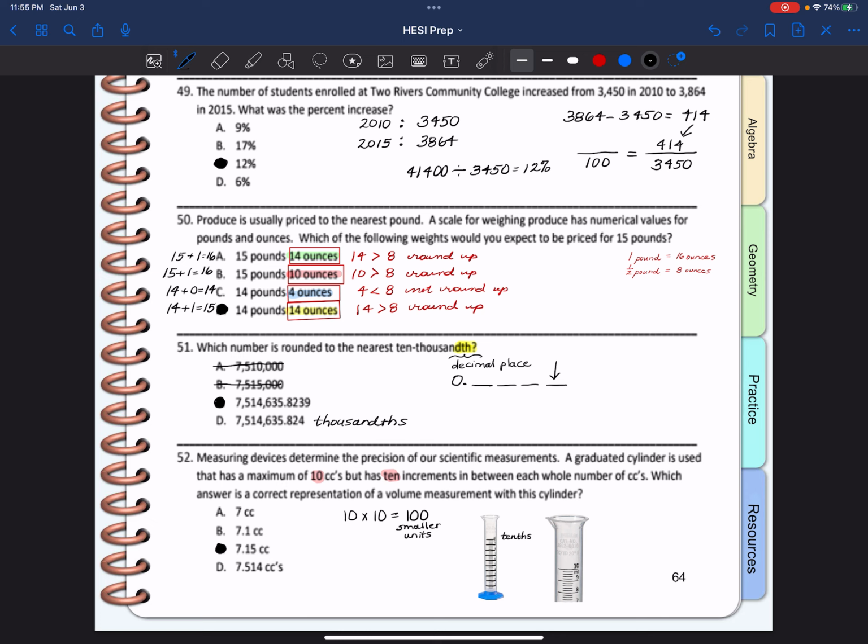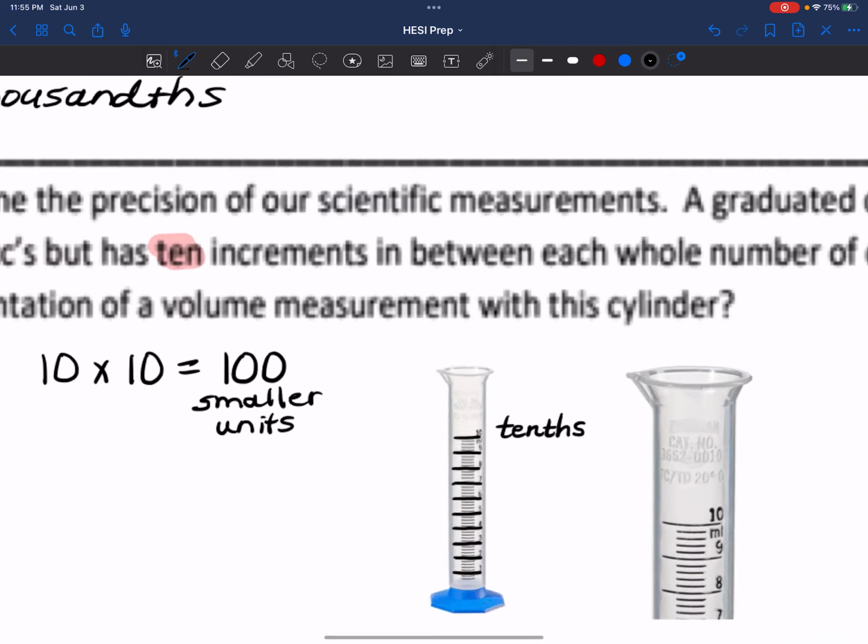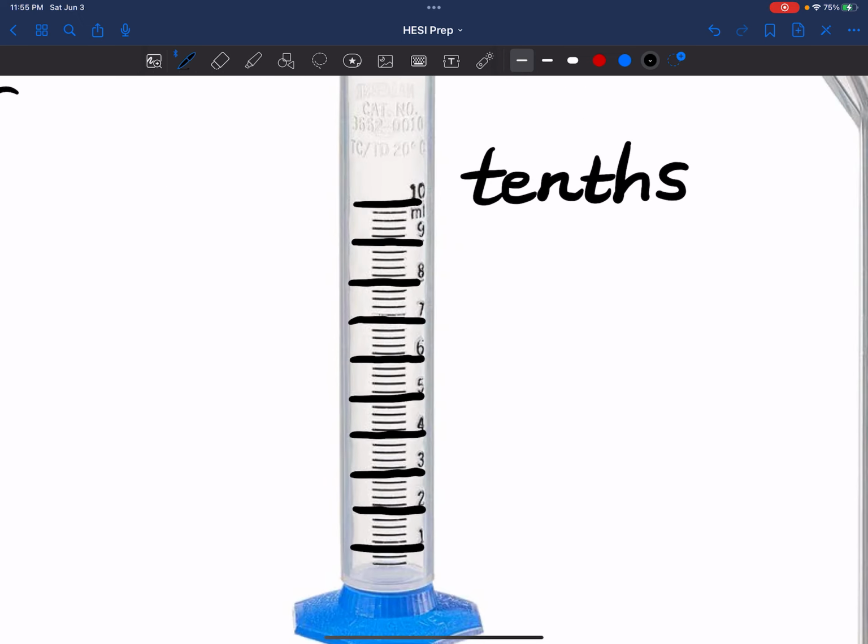That's a very precise measurement. But when you think about dosing medicines and things that are potentially harmful to people, it's really important to be precise and to know how to read those. Let me see if I can zoom back in here, and we'll try to mark that location off.